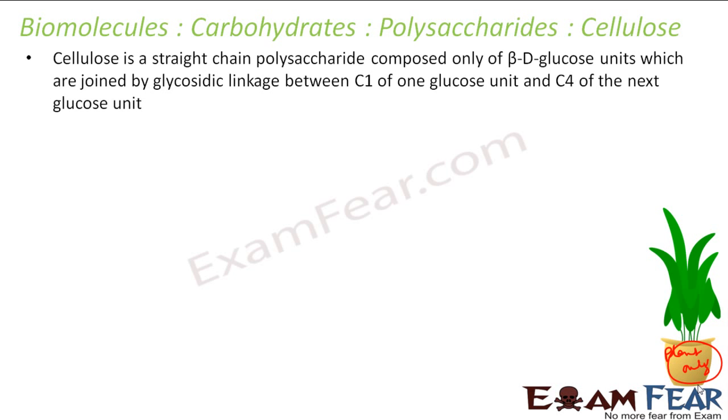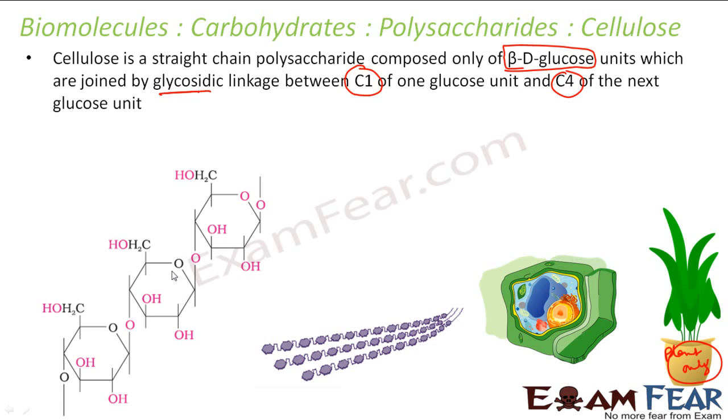Cellulose is a straight chain polysaccharide which consists of beta D glucose units, joined by a glycosidic linkage between C1 of one glucose and C4 of the next glucose unit. For example, this is how it looks: this is C1, 2, 3, 4, this is C4, and this is C1.